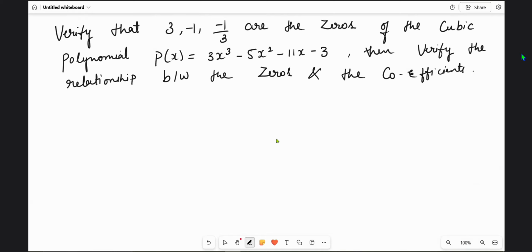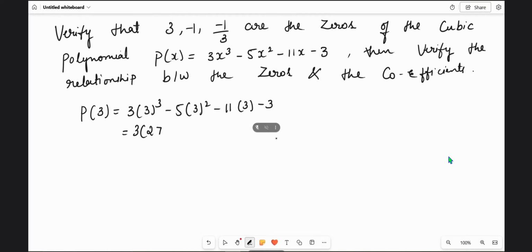Okay. So put first x is equal to 3. Instead of x, put x is equal to 3 here. So you will get 3 into 3 cube minus 5 into 3 square minus 11 into 3 minus 3. So what you will get? 3 into 3 cube, 3 3s are 9, 9 3s are 27.